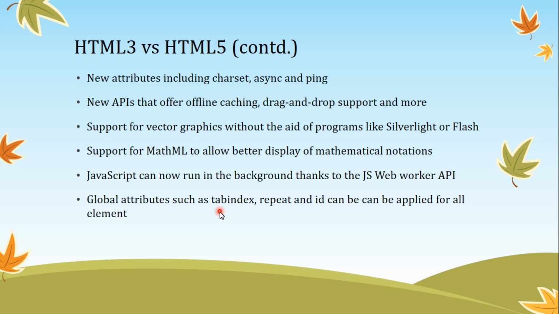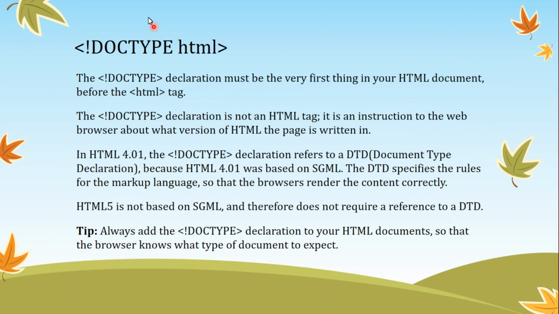And finally, the last slide of our theory session is the most important part of this video, according to me. That is the doctype HTML tag. We have already seen that doctype helps us identify the type of document, and HTML identifies the document as HTML.